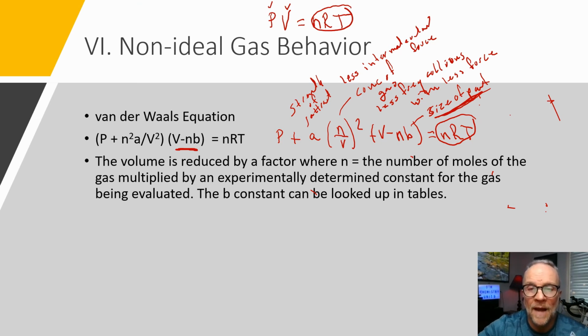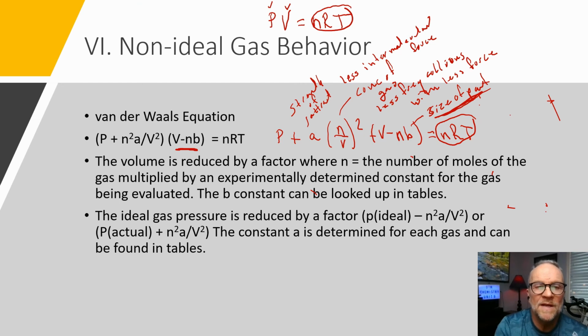the calculation of volume. And then the second part here, I have it written slightly different than on the typed version. Either one is okay. But here we have a correction factor for pressure because of the decrease in volume. The ideal gas pressure is reduced by a factor, and this constant is determined for each type of gas.